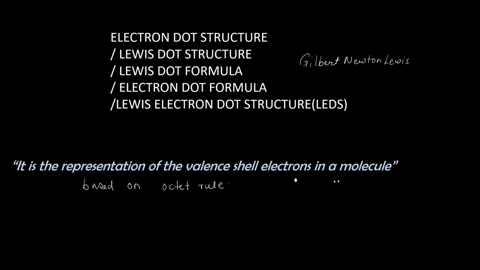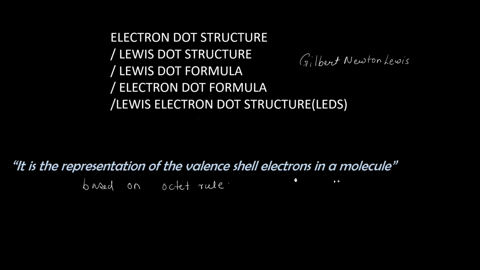The number of bonds is based on the number of electrons in the outermost shell, so the bonding between the atoms of the molecule can be shown by the number of valence electrons. We can draw Lewis dot structures for covalent compounds and coordination compounds only.